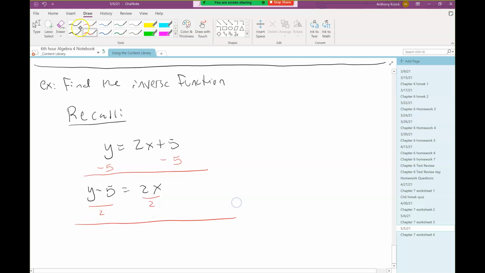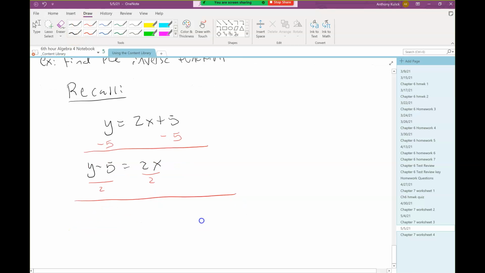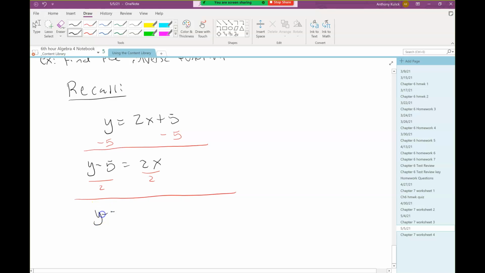And again, I can't divide a number with a variable, so I'm just going to write it right next to it. And then I just switch the x and the y's. And there we go. That's my inverse. Everybody okay with that?